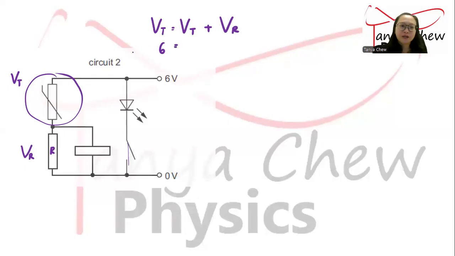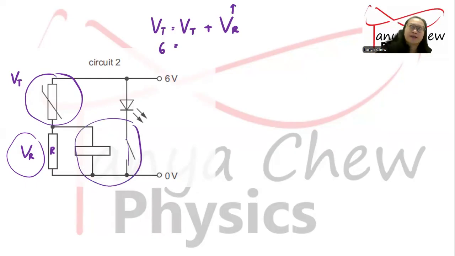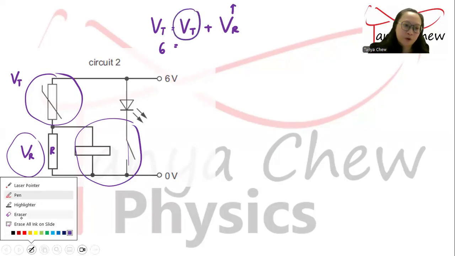In order for the potential difference across the relay to increase so that it can attract the switch, close the switch, and the LED will light up, let me explain from scratch.